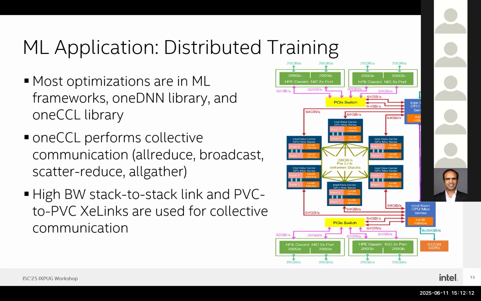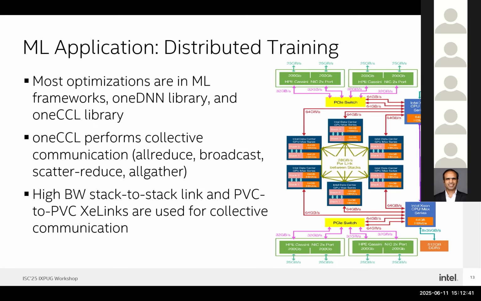So for machine learning, particularly for distributed training, there are fast links. There are two fast scale-up links. One is between the two tiles on the same PVC. And there's another fast link, which is the Xe Link that connects all the GPUs together. So a typical all-reduce would perform reduction tile to tile first.